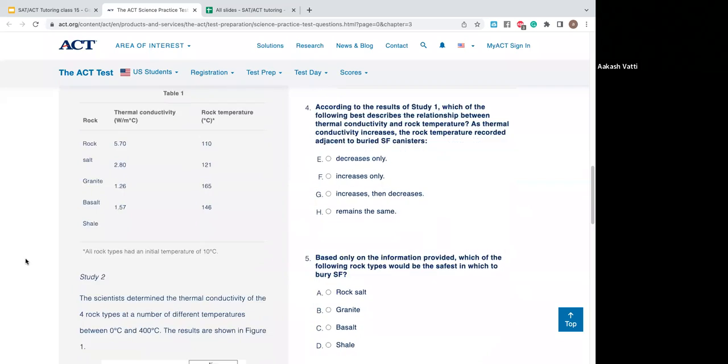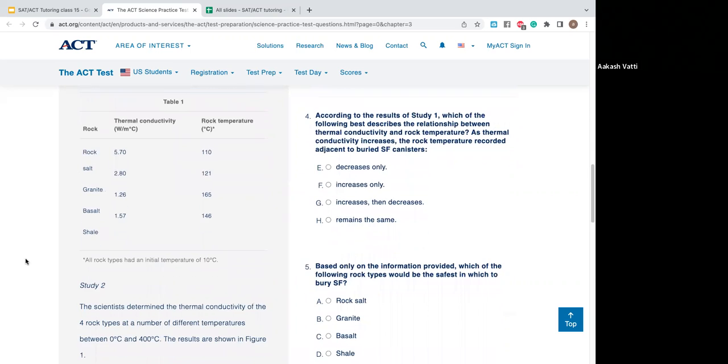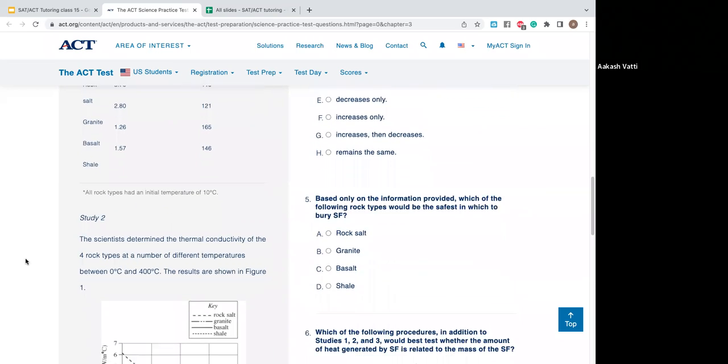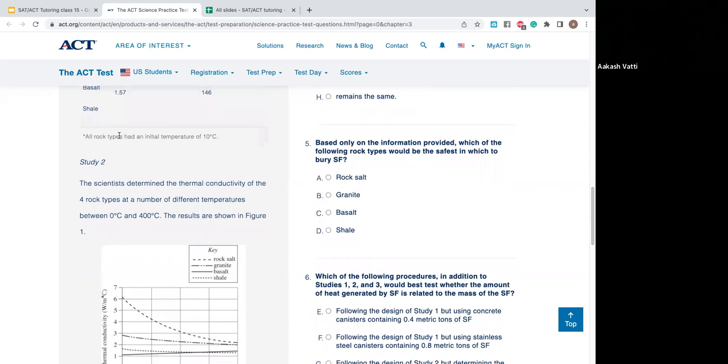And shale had 1.57 watts per meter per degree Celsius with 146 degrees Celsius rock temperature after a year. And all of the rock types had an initial temperature of 10 degrees Celsius.